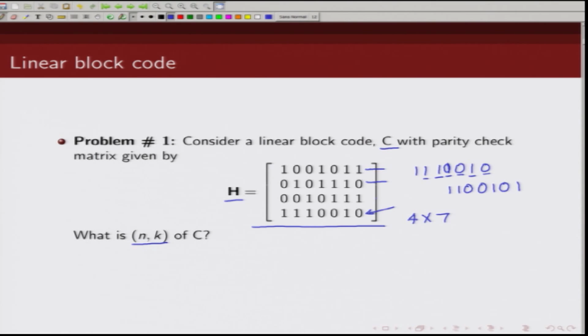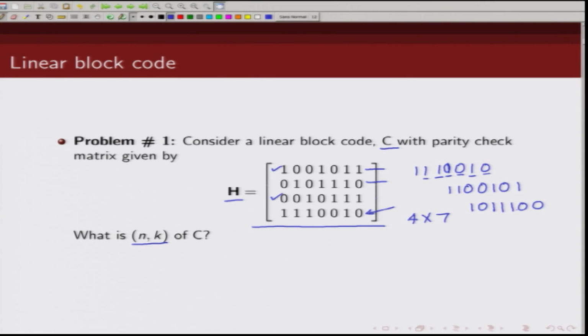If we consider this row and this row and add these 2 rows, we get 1, 0, 1, 1, 1, 0, 0. Note none of the rows R2 and R4 is equal to this. So, this set of 3 rows is independent.